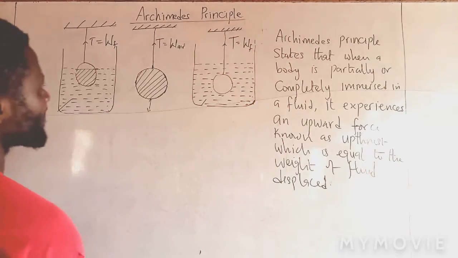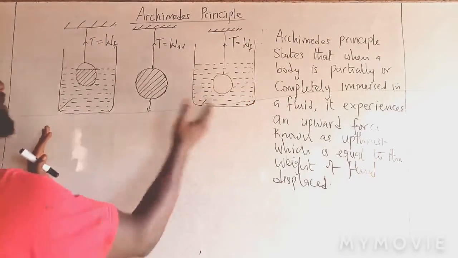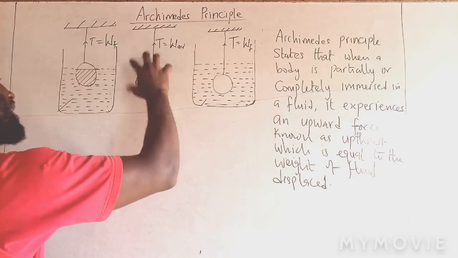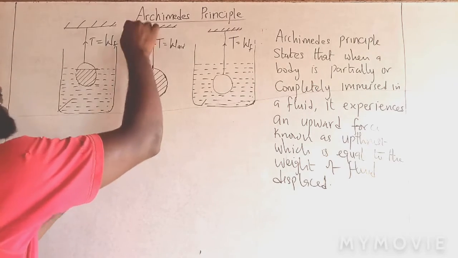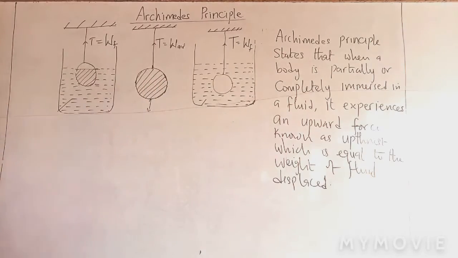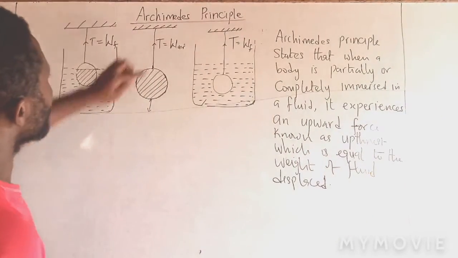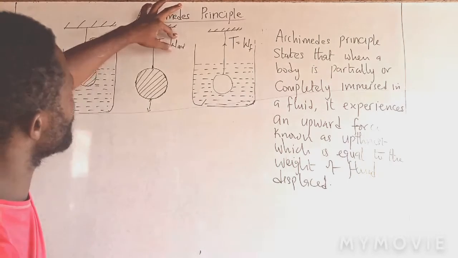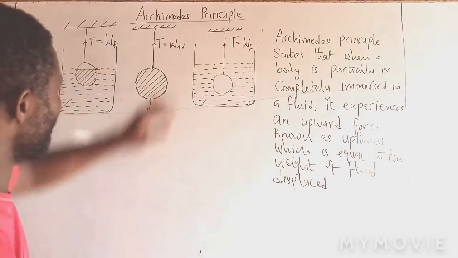In that case, we are going to look at these three diagrams very carefully. This body is attached to a string, and the string is hanged like this and weighed in air. So the tension in this string is the same thing as the weight of the object in air.